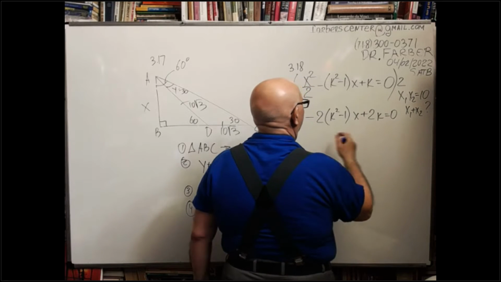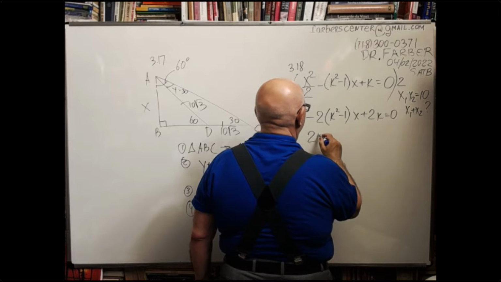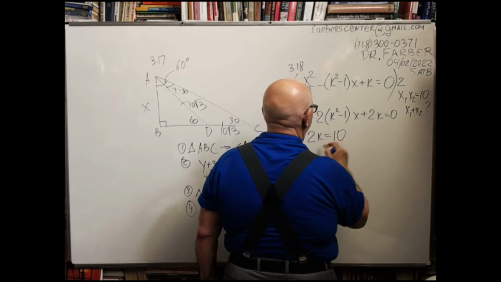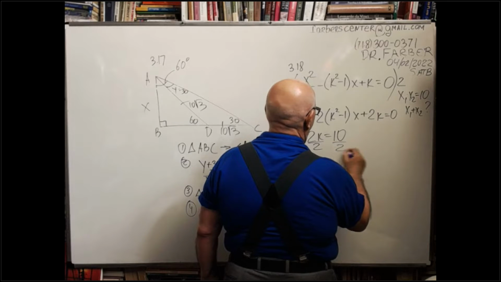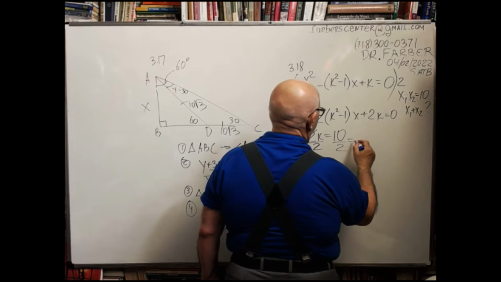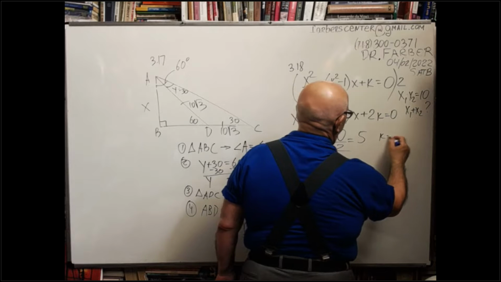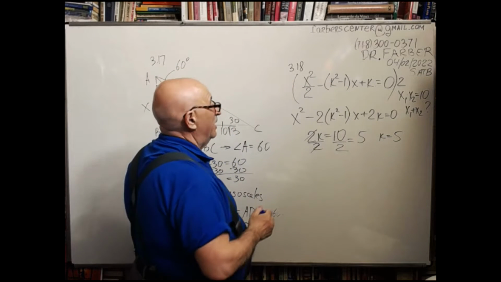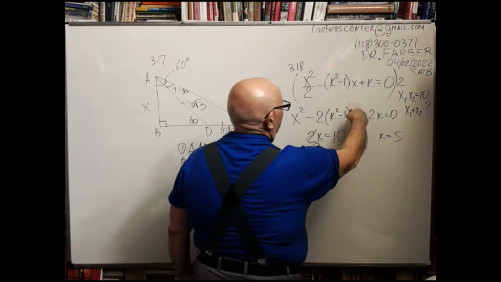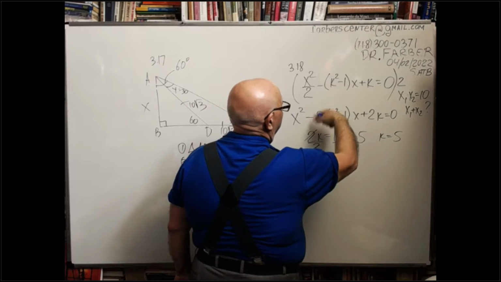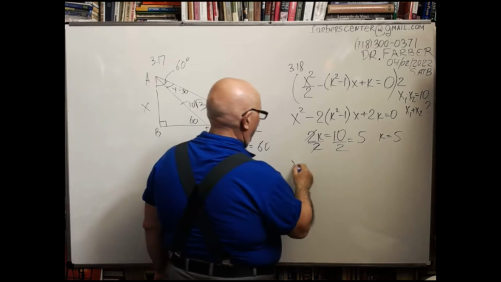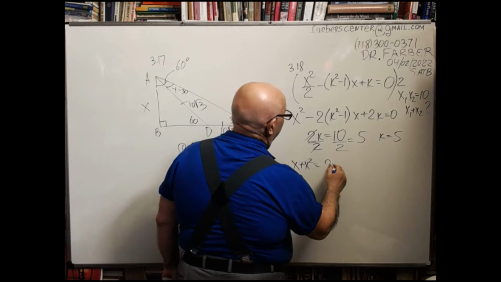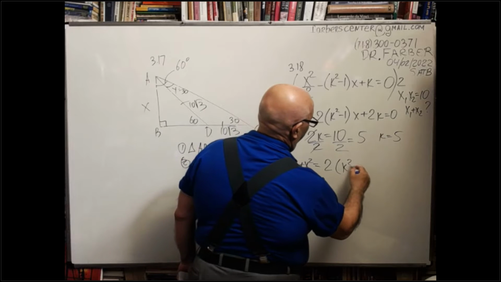So 2k equals 10, or divide by 2, you get k equals 5. And the sum equals the second coefficient with opposite sign. So x1 plus x2 equals 2 times (k squared minus 1).